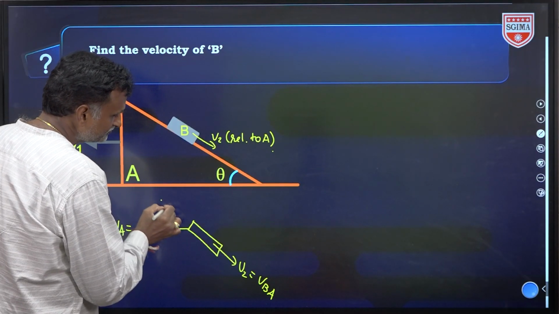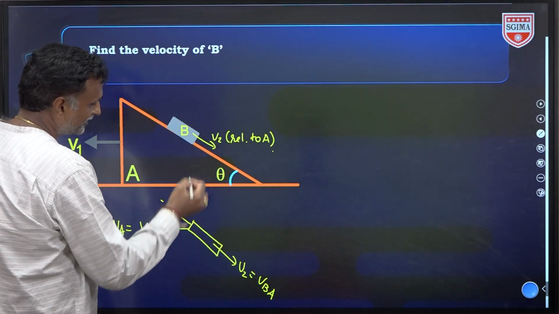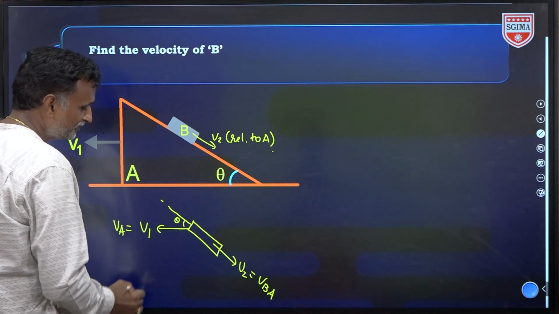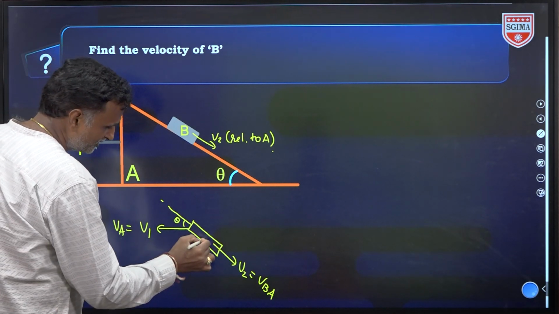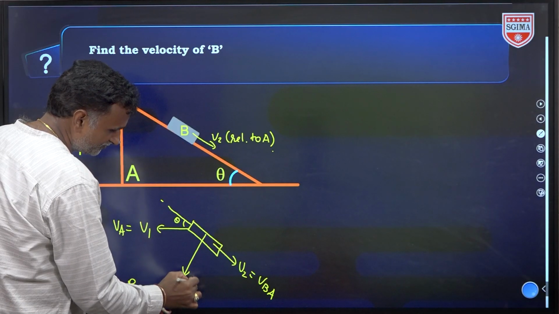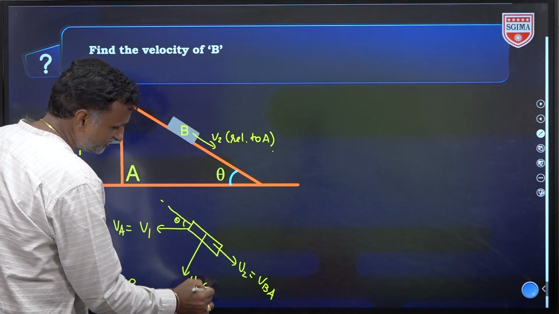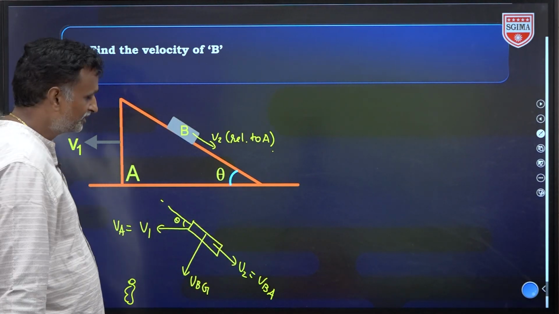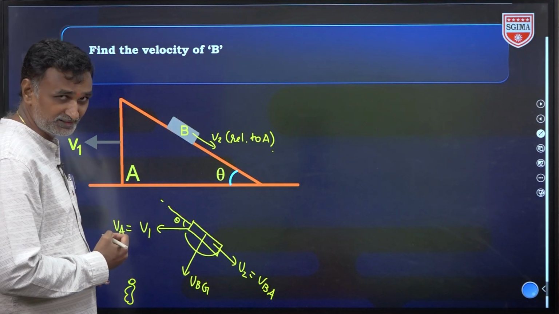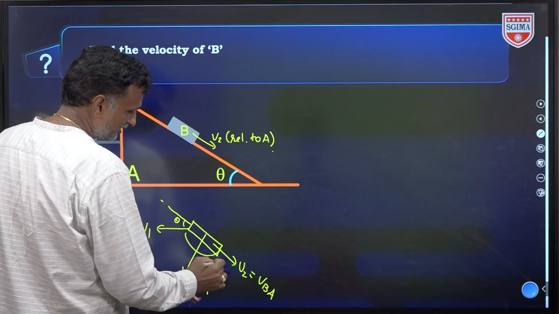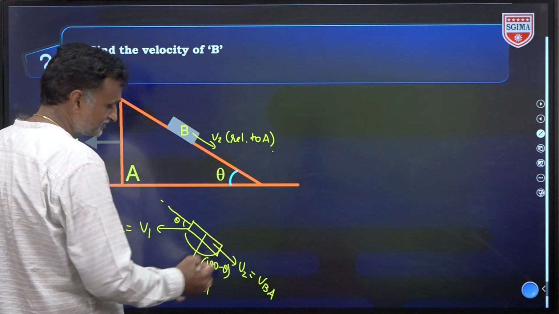This angle was given as theta, and the net velocity observed by the person on the ground must be in between, the velocity of B with respect to the ground. Then what is the angle between them? 180 minus theta. So simply we can write this is 180 minus theta.